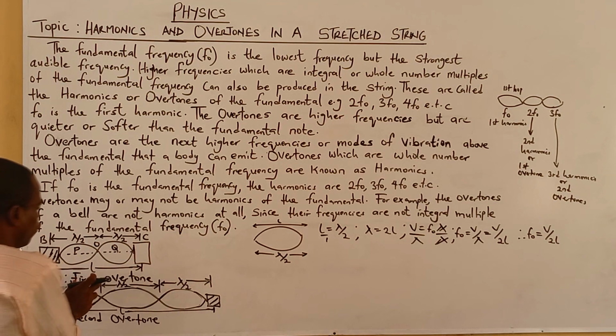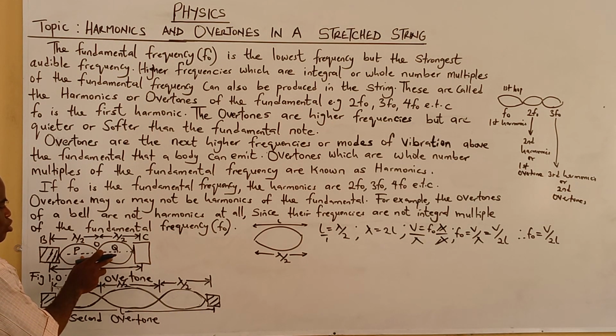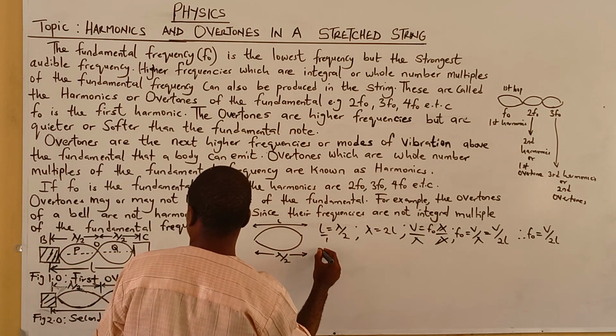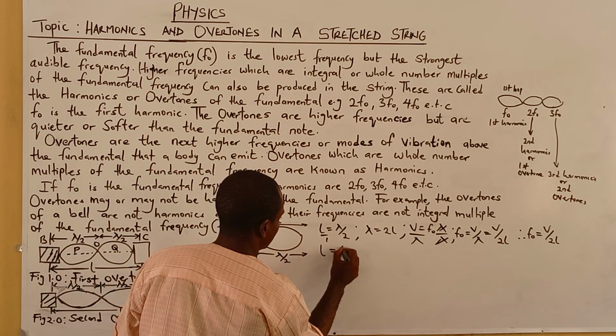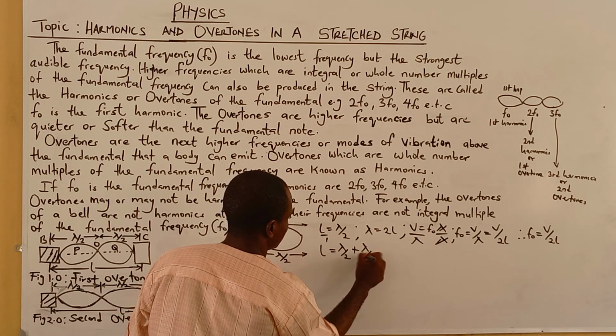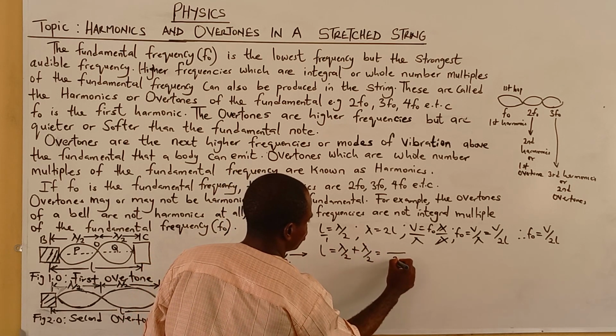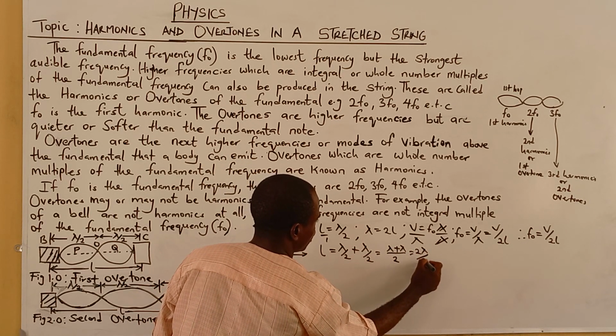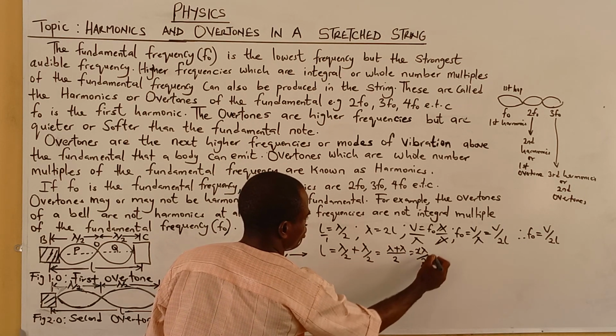Now, when you come to the first overtone, I said we have two loops, so you now have L equals lambda over 2 plus lambda over 2. The LCM is 2: lambda plus lambda, which is 2 lambda over 2, 2 cancels 2.